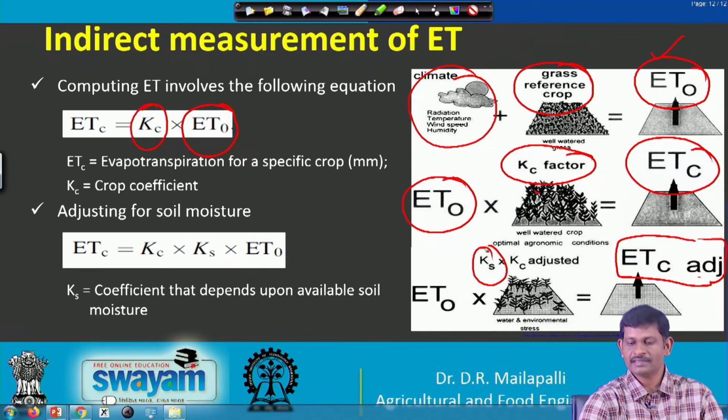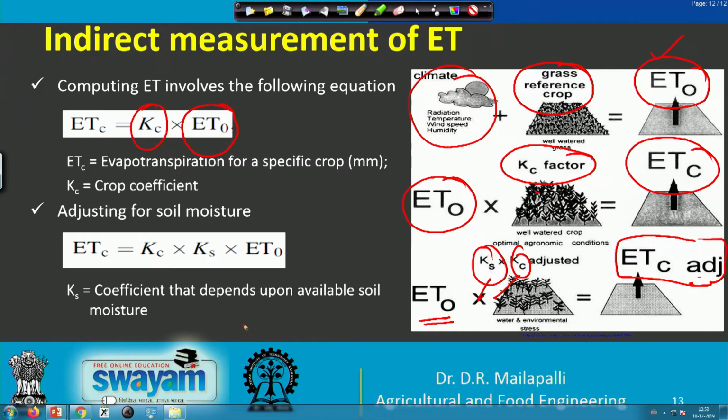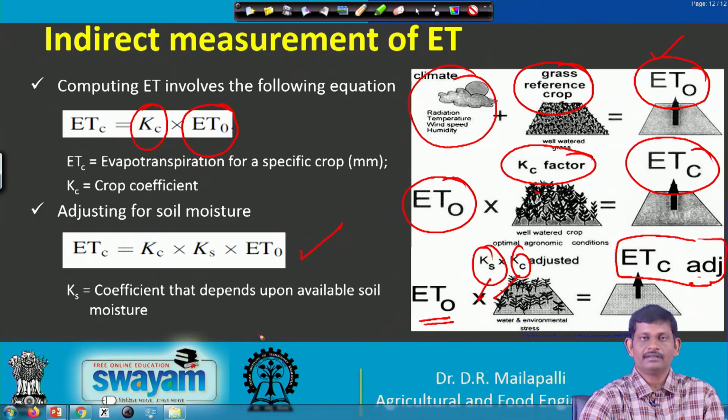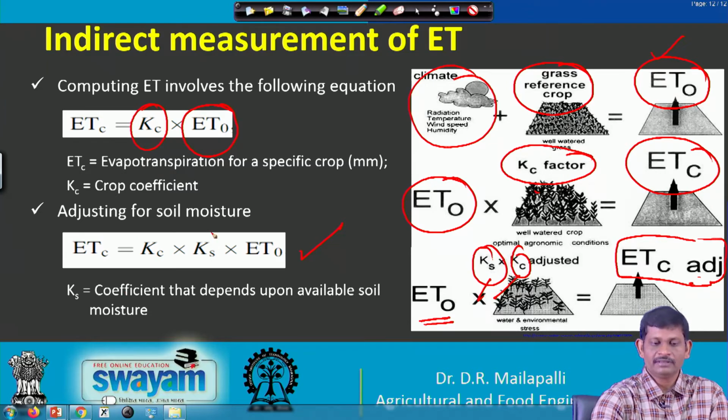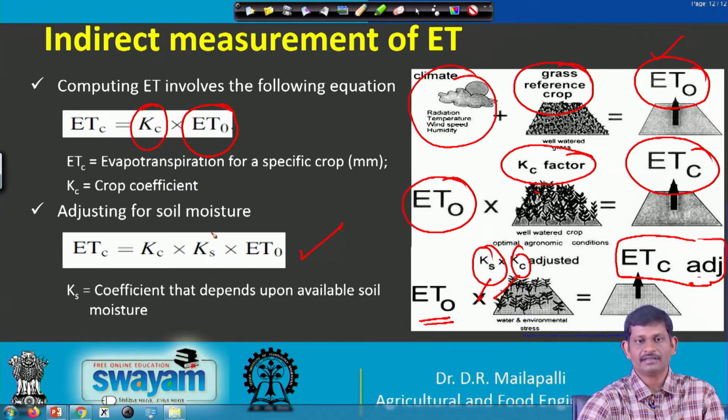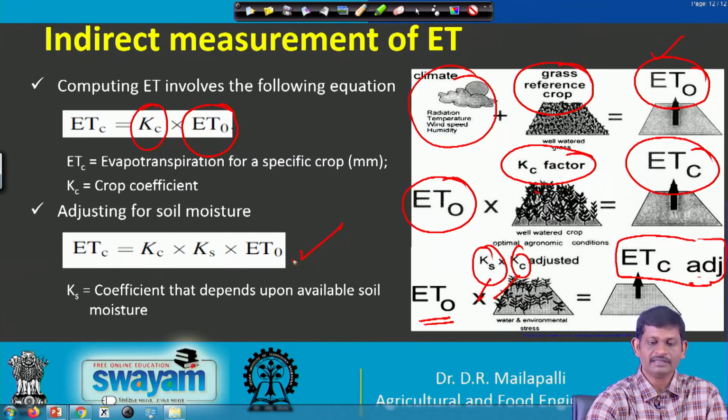So, Ks is the soil water stress coefficient. ET0 multiplied by Ks and Kc gives you ETc adjusted. In this way you can estimate ETc using the Kc and Ks coefficients as well as ET0.